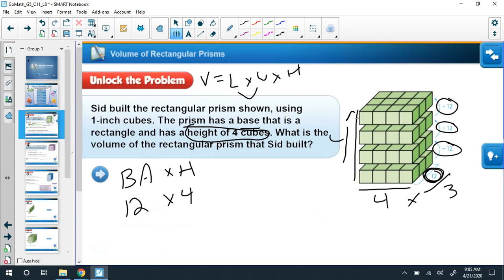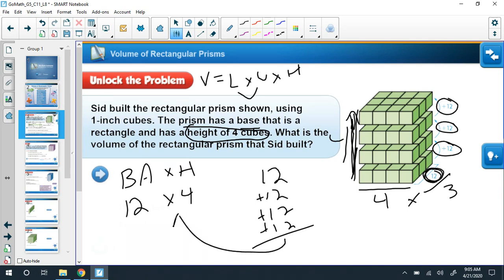So every time we add another layer to this rectangular prism, we add another 12 unit cubes, right? So we get 12 plus 12 plus 12 plus 12, which, as you know, repeated addition is the same as multiplication. So that's why we multiply the area of that base times the height of our prism. To finish this one off, 4 times 12 is 48.